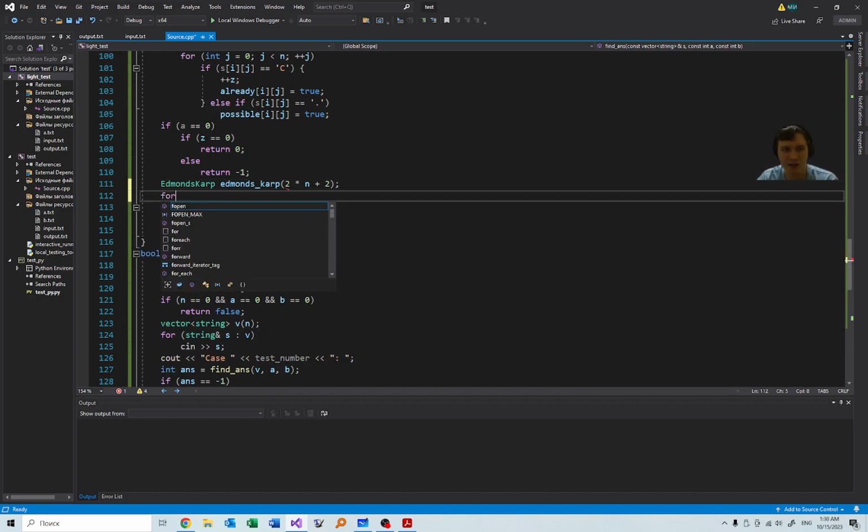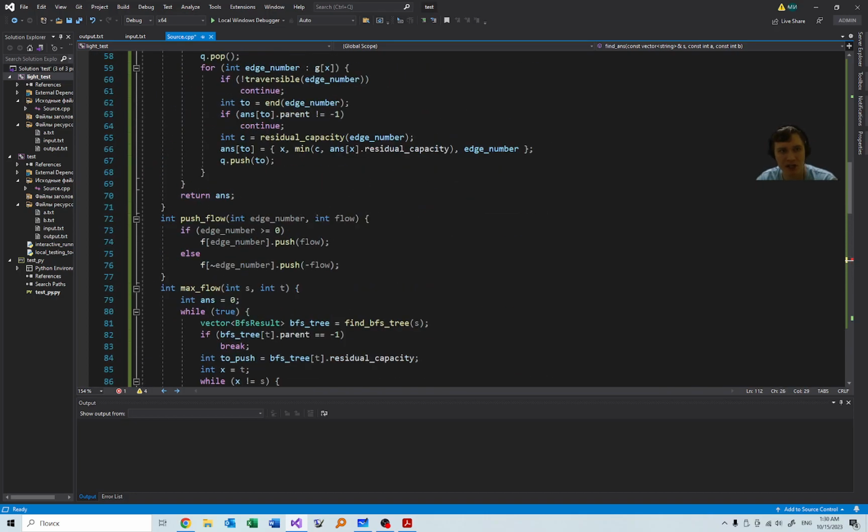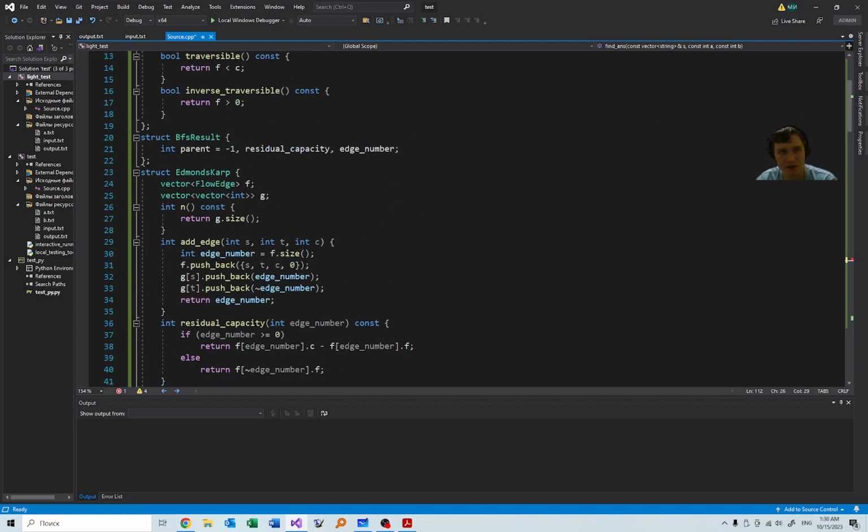Now we need to construct it. We will call it green edges. The Edmonds-Karp also needs to be initialized.